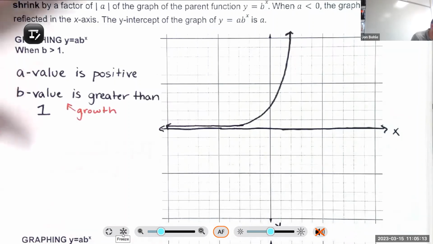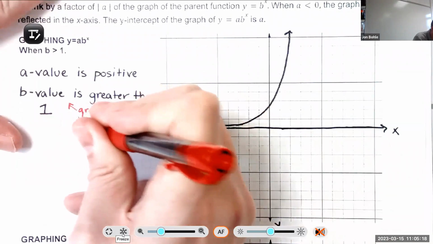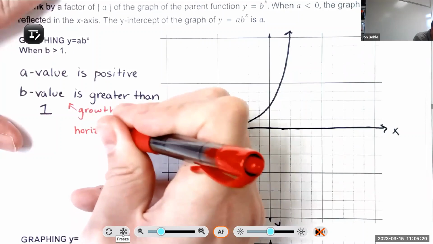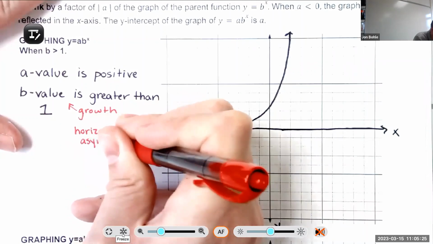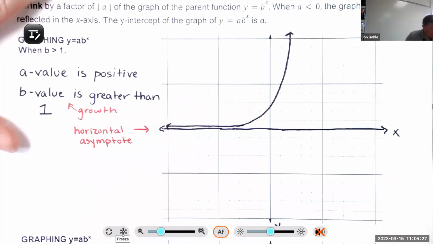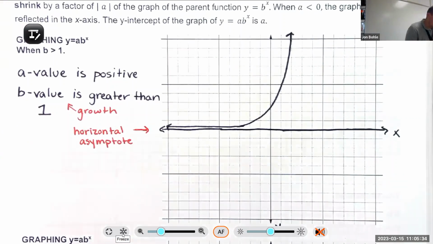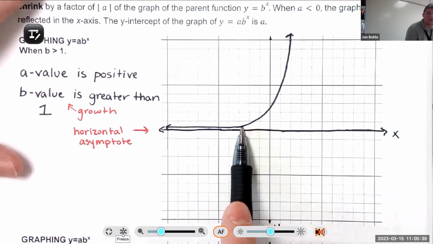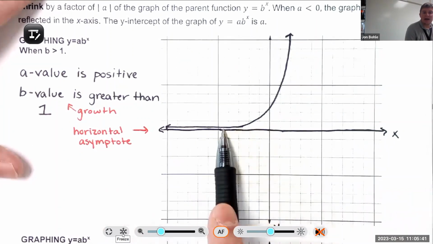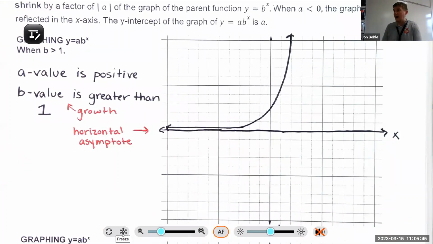So this creates a weird little concept here. I think I'm spelling this right. I may not be. It's creating this thing called a horizontal asymptote. What that means is when I'm constantly cutting in half or in thirds or in fourths, whatever it may be, I'm always cutting a portion of it out, but I'm also leaving a part of it behind.